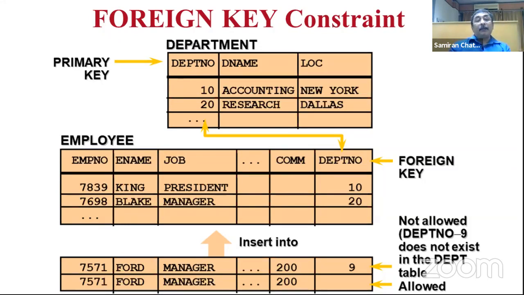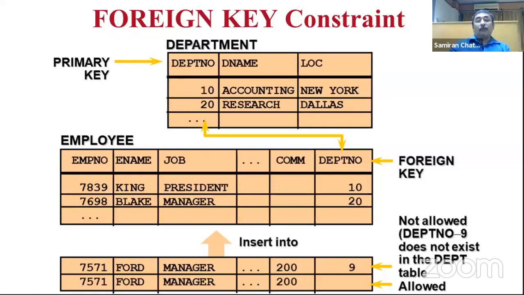So department number in employee refers to the department number of the department table. So which is the foreign key? Department number in the employee table is the foreign key. What is being referred to? The department number attribute of the department table.